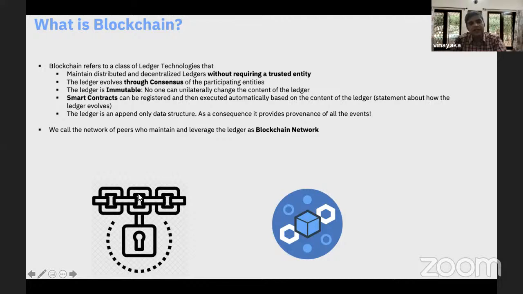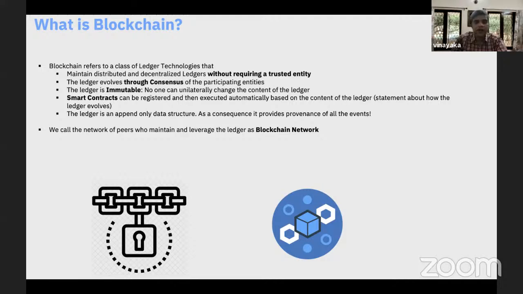Each block contains information of the ledger, and they are chained together. And that's why this immutable property comes. If you try to change something in between, once the chain has already been formed, the protocol will break. So this is the basic notion of blockchain.